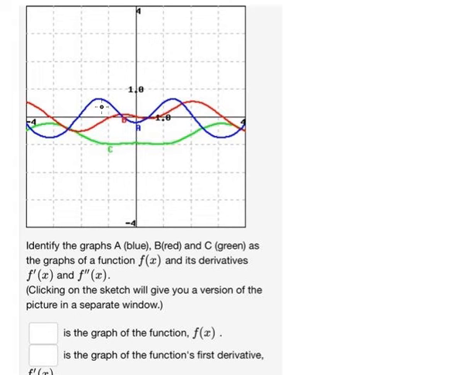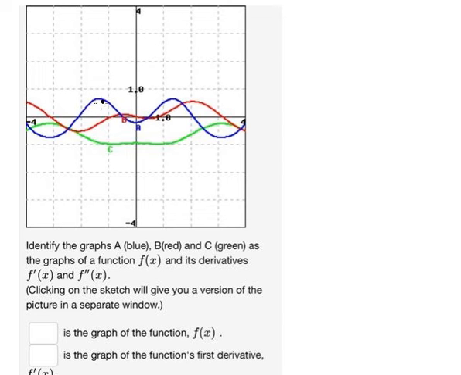The first thing we can see is that on the blue line we have one critical point because we have the local max. However, the red and the green don't go through this line here to create a first derivative or second derivative equal to 0 to create this one local max.